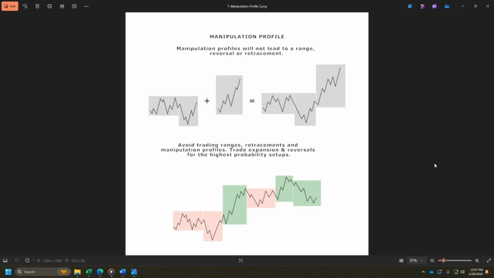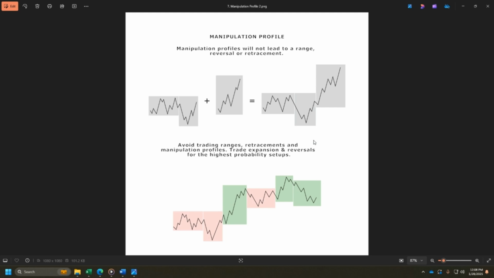So we like to think in terms of sequences when it comes to market profiles. We'll go further into advanced market profiles in the next chapter or in a future chapter.